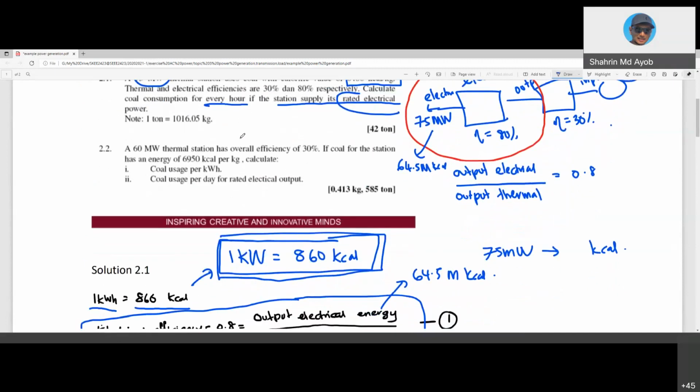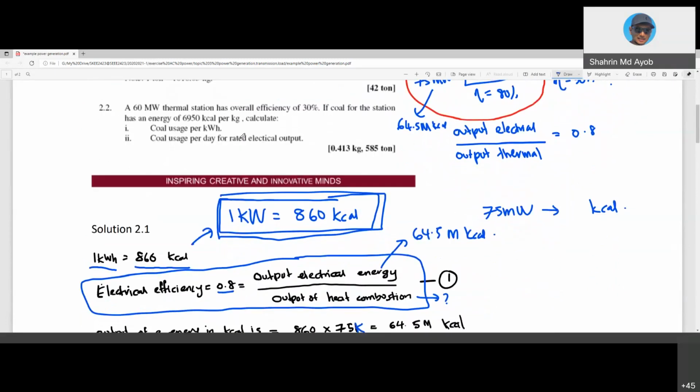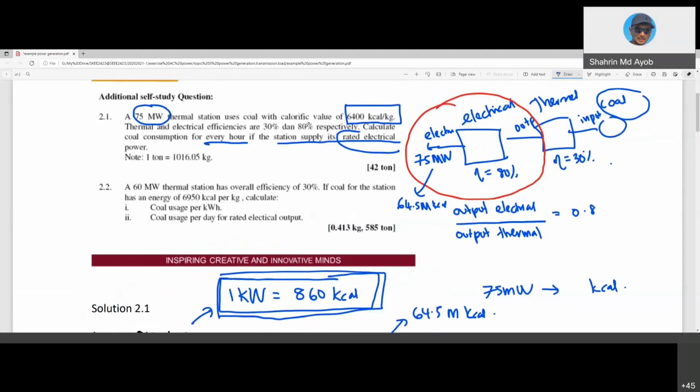So every hour meaning that you can actually ignore this one, because we are calculating in our base. Okay, so that's why you need to refer to this question very carefully.